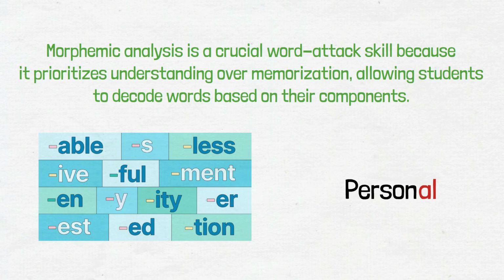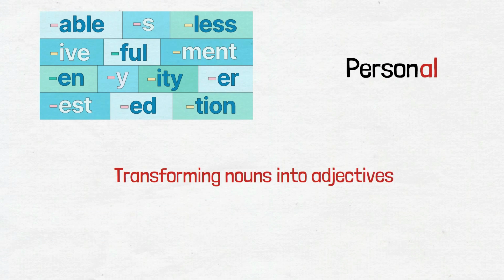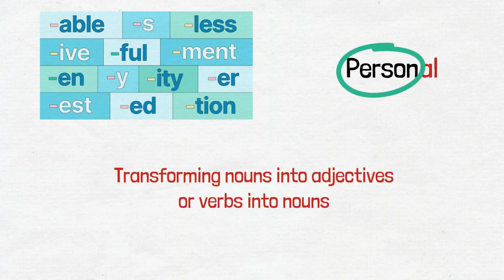These suffixes change the grammatical category of a word, such as transforming nouns into adjectives or verbs into nouns. Teaching these patterns enables students to make connections between words, enhancing their comprehension and expanding their vocabulary.